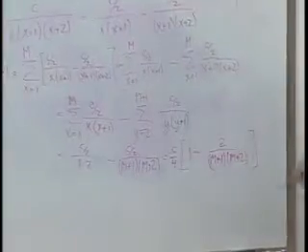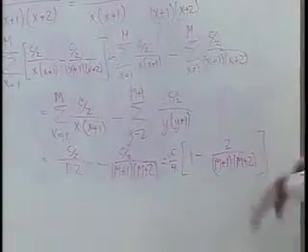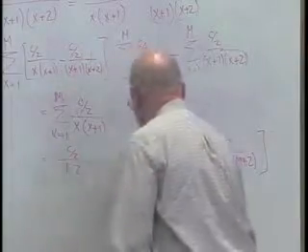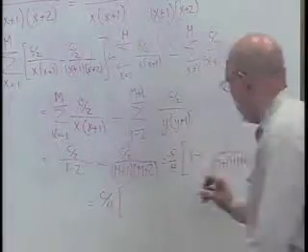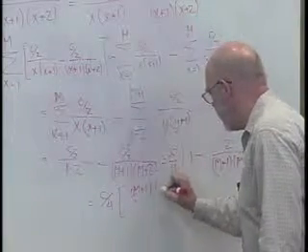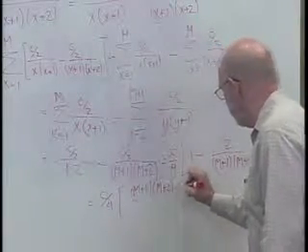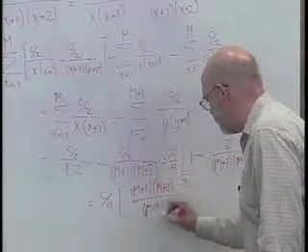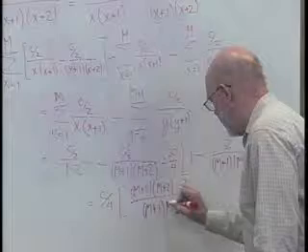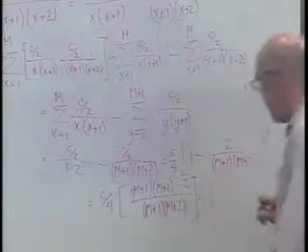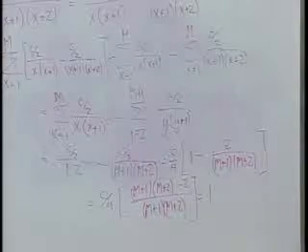Emily, you've got a clear view of this, so I can go one line down. This is equal to c over 4 times, let's put it all over a common denominator, m plus 1 times m plus 2 minus 2, over m plus 1 times m plus 2. And that whole business has to equal 1.